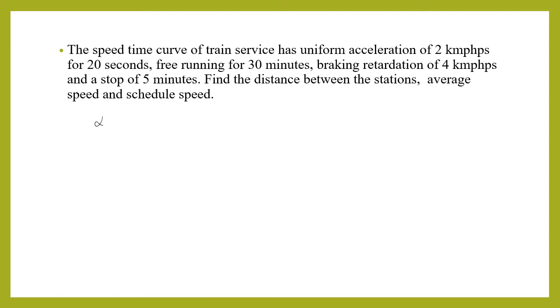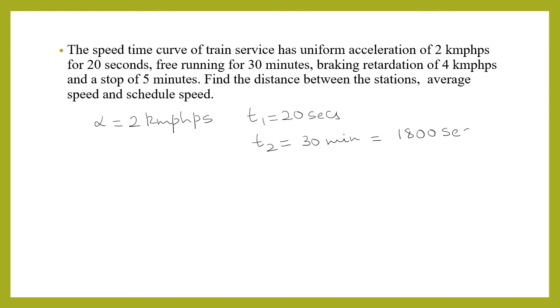The data given is alpha, that is acceleration, 2 km per hour per second for a time duration of 20 seconds, that is t1 equal to 20 seconds, and free running for 30 minutes, that is t2 equal to 1800 seconds, and braking retardation beta 4 km per hour per second, and a stop time of 5 minutes, that is ts equal to 300 seconds.